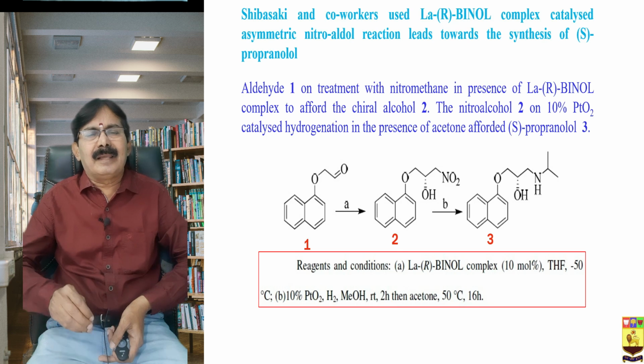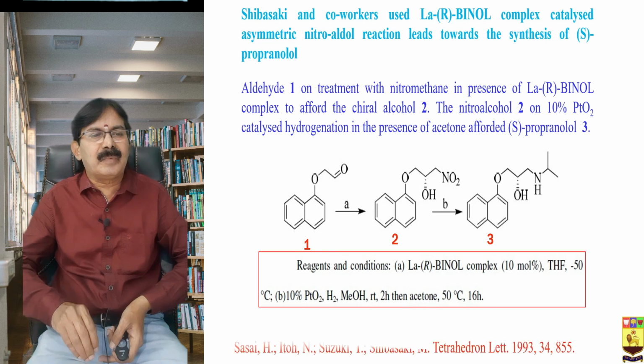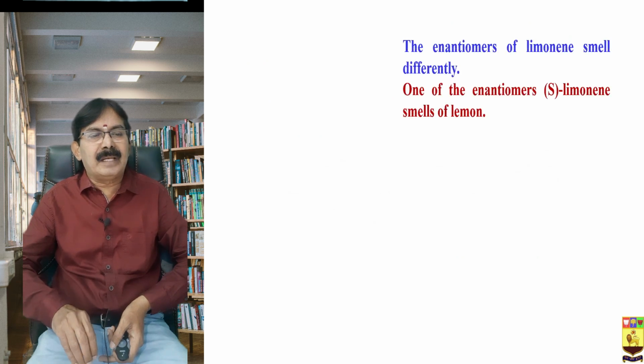So, another very important application in the flavor industries is that the enantiomers of limonene smell differently. One of the enantiomers, S-limonene, smells of lemon. So, this is the structure of S-limonene, and it smells of lemon.